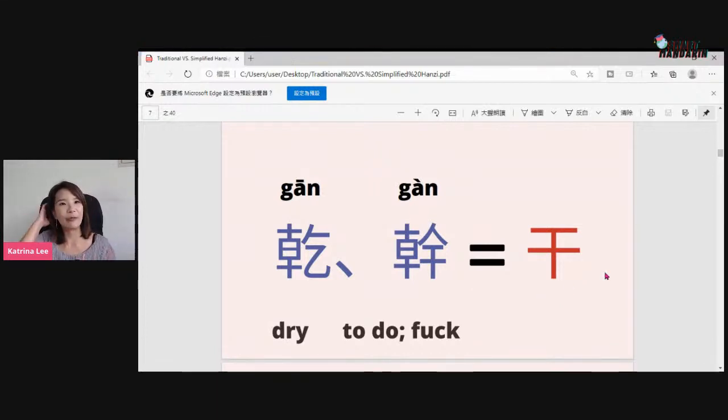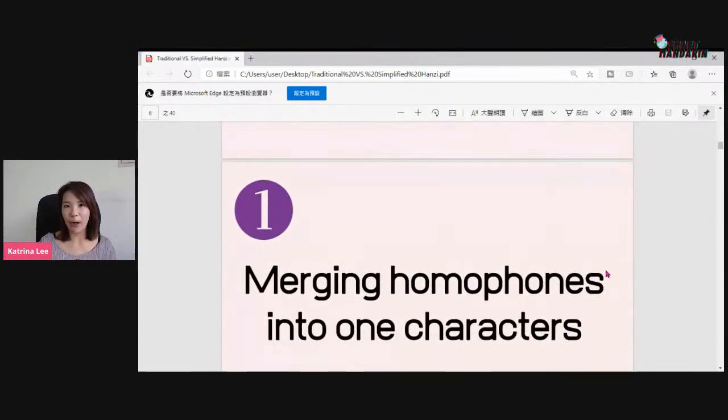I was confused because I'm learning traditional, and dry and F-U-C-K are two different words in traditional characters, but in simplified, they are the same. This doesn't make any sense, but this is one example of how they simplify from traditional.